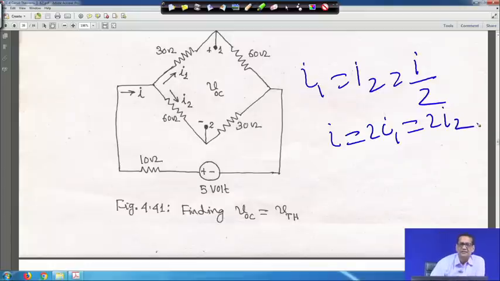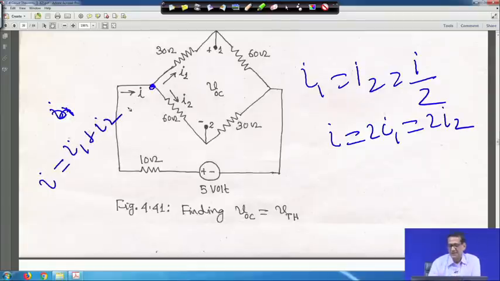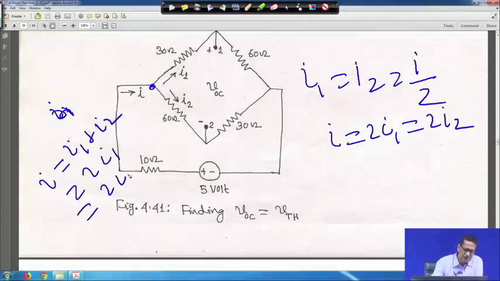This is the first thing. Now, you can easily solve for I2 and I1, because I1 is equal to I2. If you apply KCL here, your I is equal to I1 plus I2, that is equal to either 2 I1 or 2 I2. This is what has been written here.